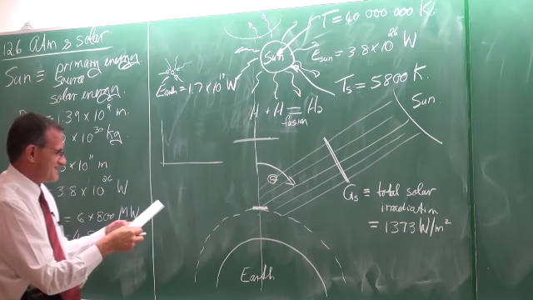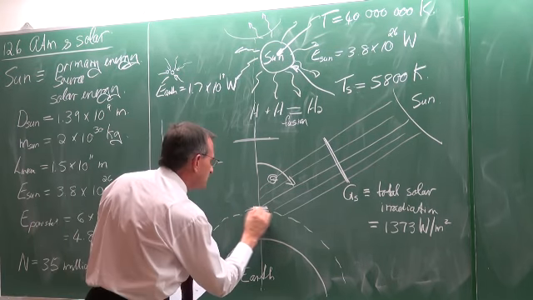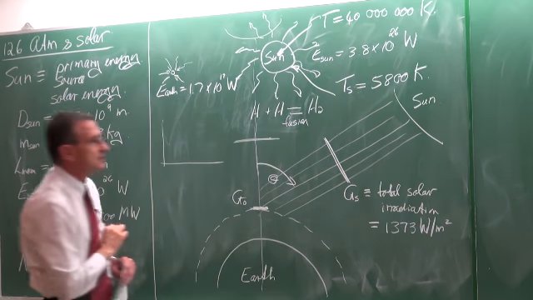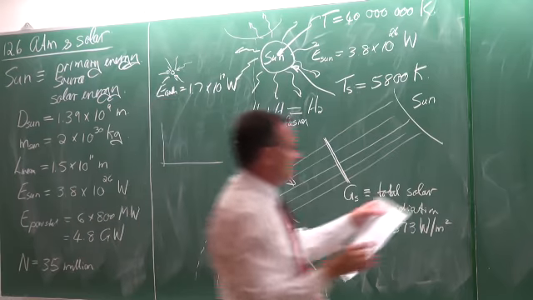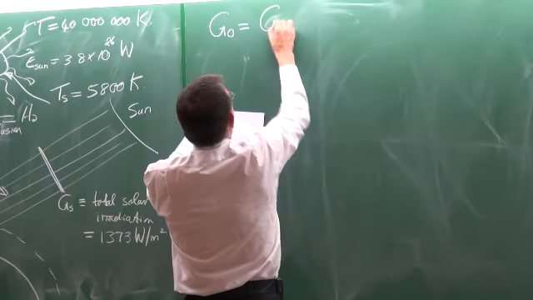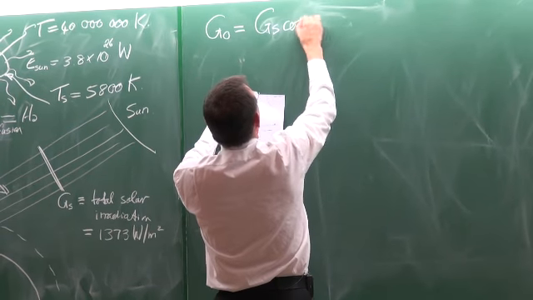So if we would plot a curve of the radiation that we would measure on that surface, that radiation we call G0. And G0 would be equal to Gs multiplied by the cos of theta.